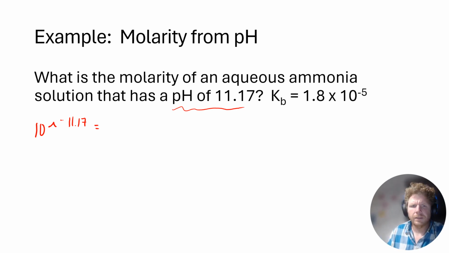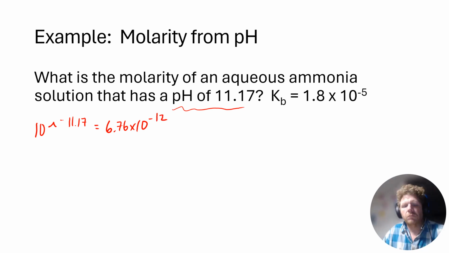And I get a hydrogen ion concentration of 6.76 times 10 to the negative 12th. Okay, that's my hydrogen ion concentration.